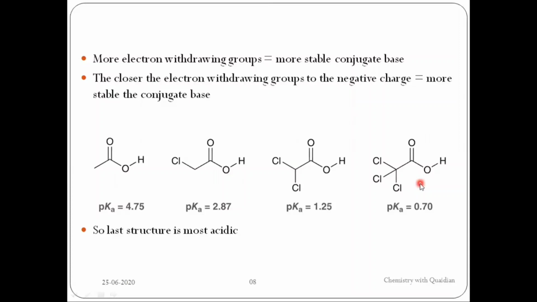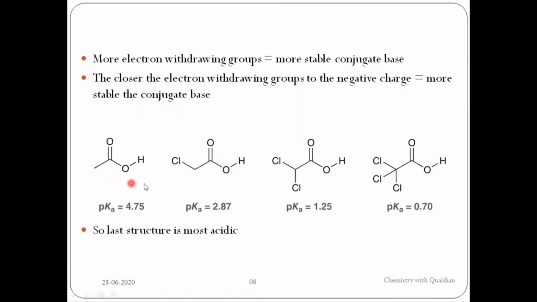So we have said that the more electron withdrawing groups, the more acidic the behavior will be and the lower its pKa, because pKa is inversely related to acidic behavior. Its pKa is the lowest, so this compound will be the most acidic, while its pKa is highest, so its acidic behavior is the least.